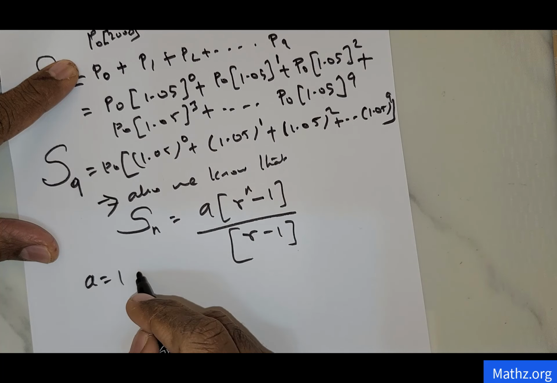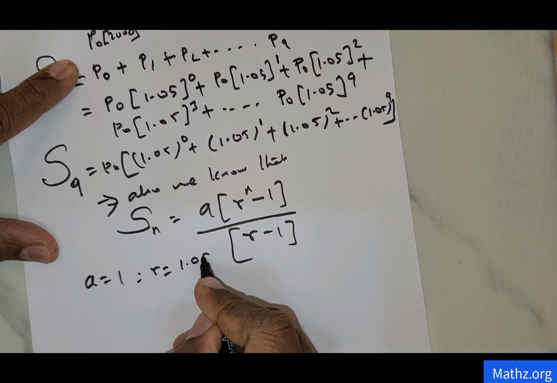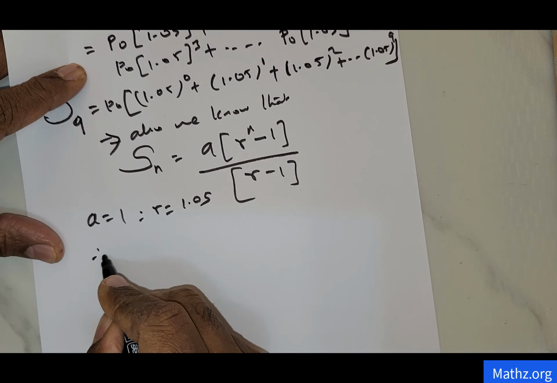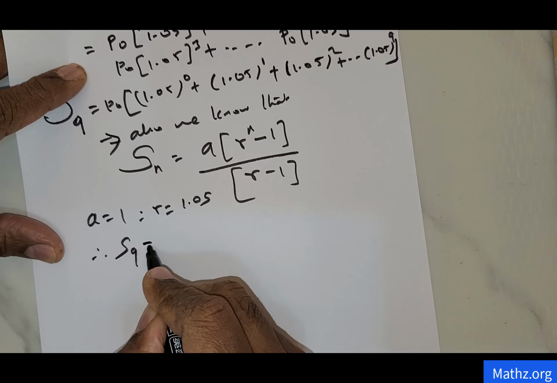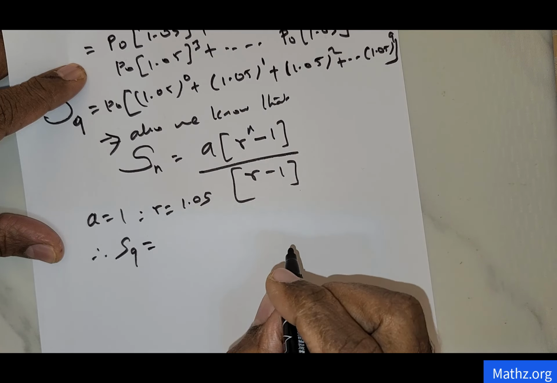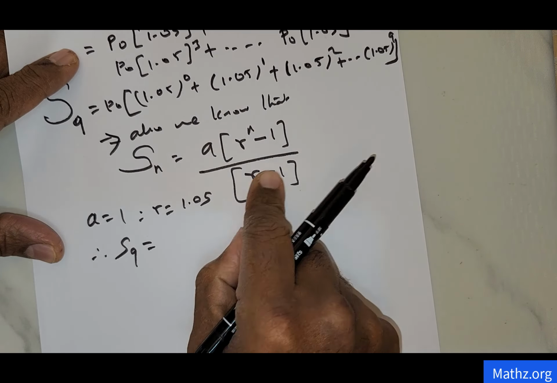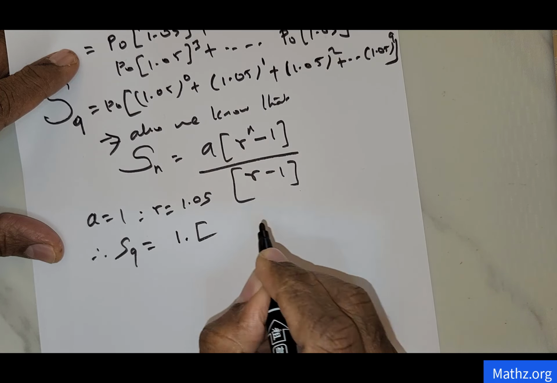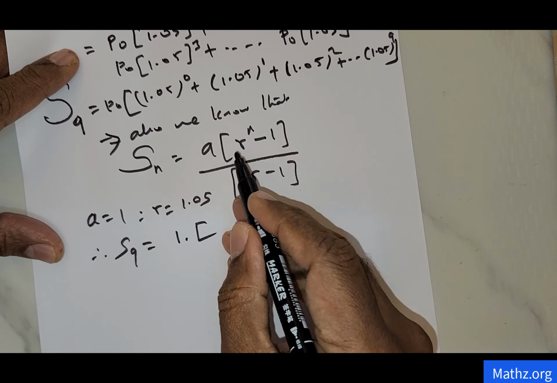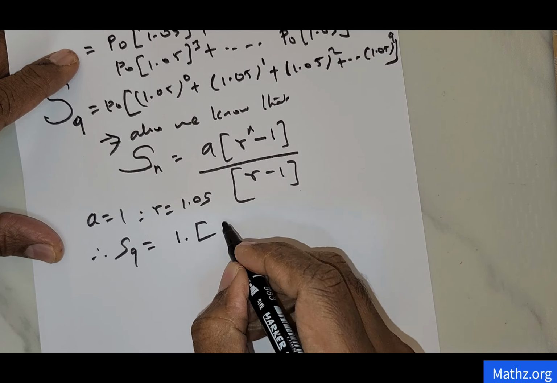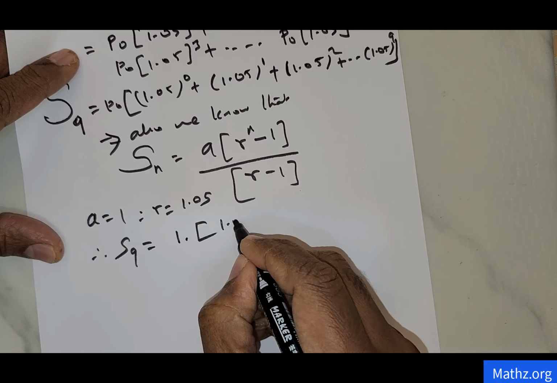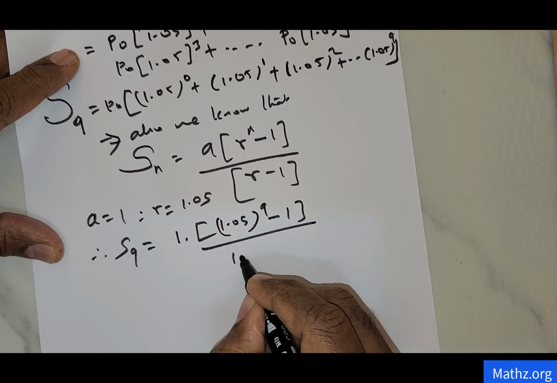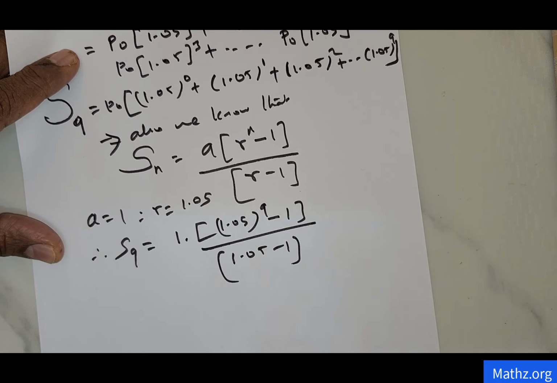And what is r here? My r is 1.05. So if you substitute that, S9 is equal to, my a value is 1, so 1 multiplied with 1.05 raised to the power of 9 minus 1, divided by 1.05 minus 1.